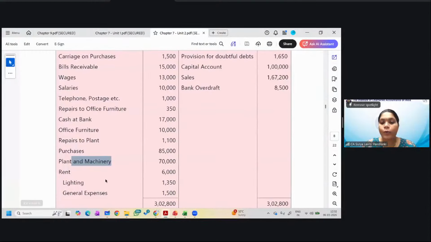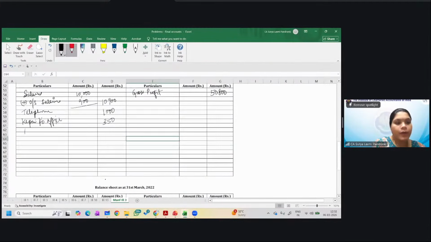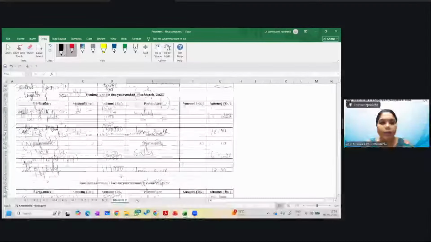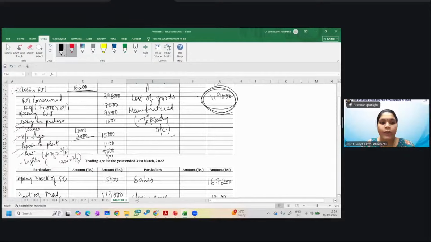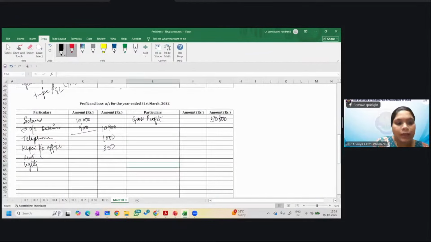Rent and lighting, though, you have some half written there. Remaining half you will have to write it here, right? So you have rent, lighting. Rent, how much did we take in manufacturing account? I'm going back to the manufacturing account. We took 6,000 into 3/4. So 6,000 into 1/4 have to be taken here.